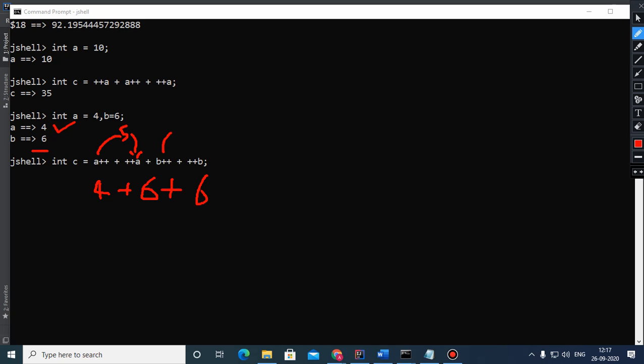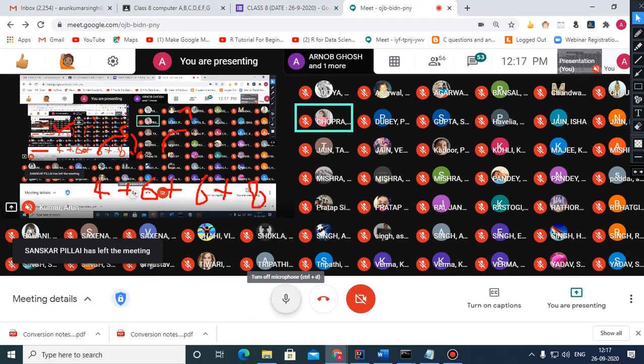When it transfers here it becomes 7, when it transfers here it becomes 7, and when it reaches here it becomes 8. So all these together it is 24. I hope you people get it.